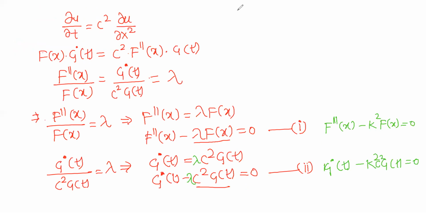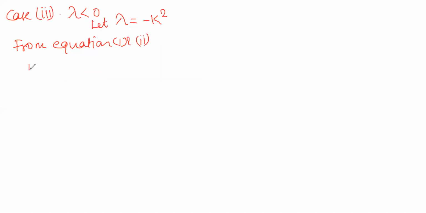Now it will get changed. Everything will remain the same except that since lambda is minus k squared, this sign will become plus and this sign will become plus. So I got these two equations. Now let us solve them. So f double dash of x plus k squared f of x equal to 0.